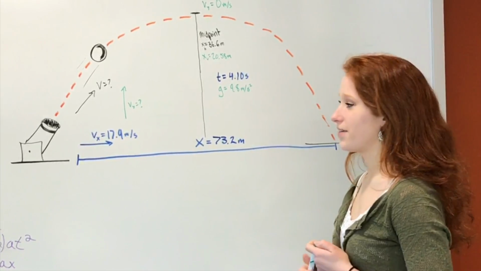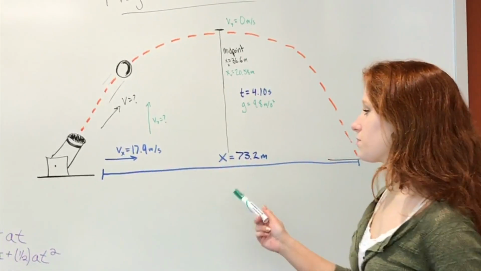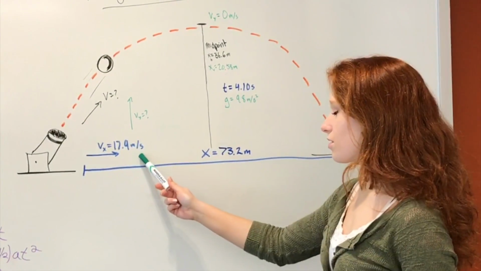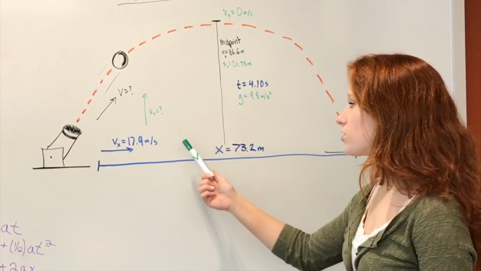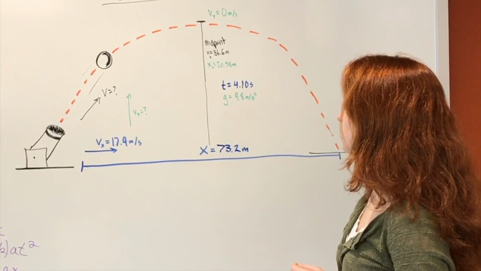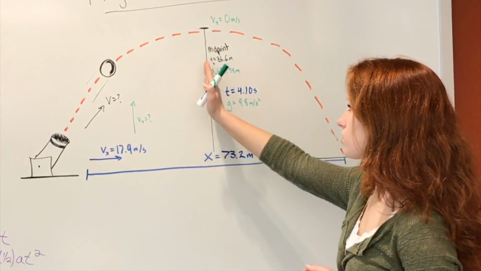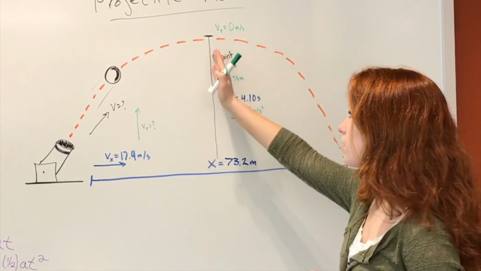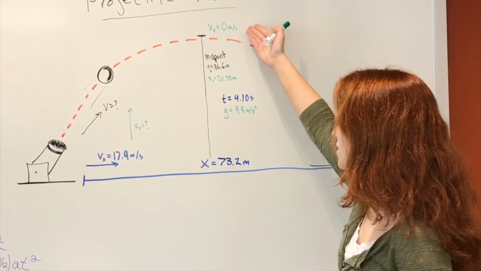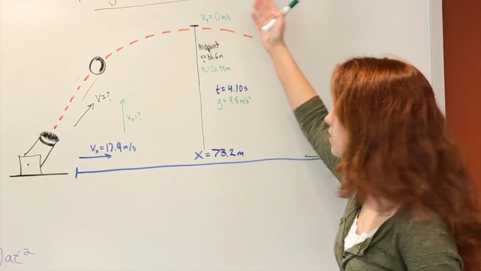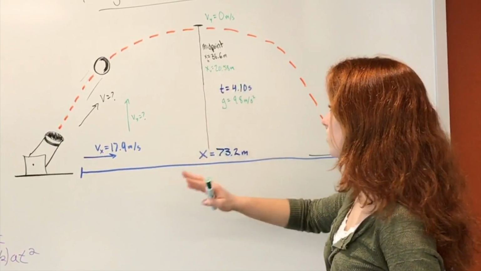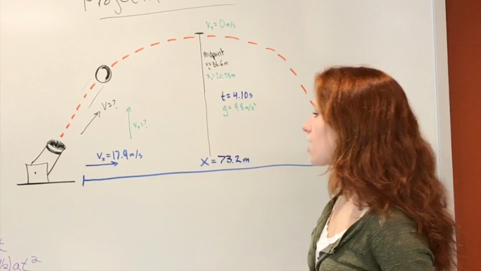Because velocity is a vector quantity, we have to split it up into its two parts to find the total. We already know the horizontal velocity, and if we want to find the vertical, we can do that. But first, we have to make sure that we're only looking at the first part of this path, because when the vertical velocity equals 0 at the midpoint, from there down it's just free fall. So we're only going to look at the first part, from start all the way to its highest point.